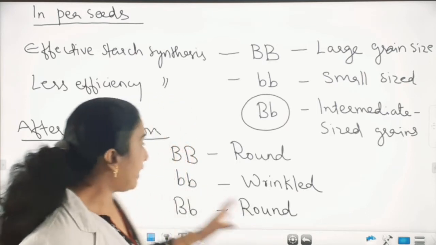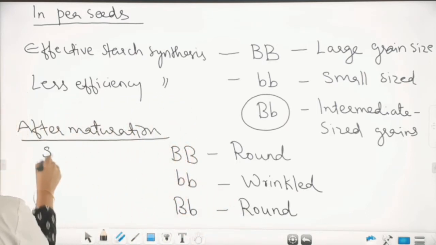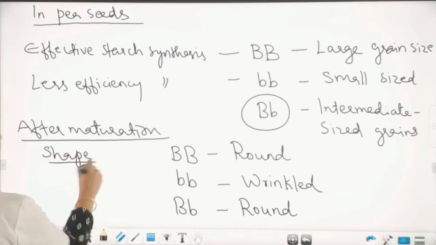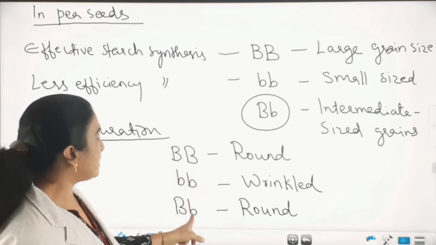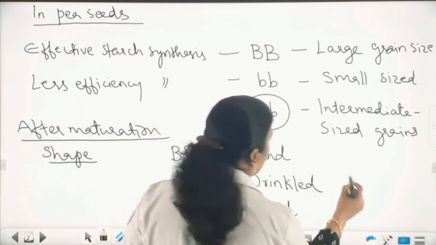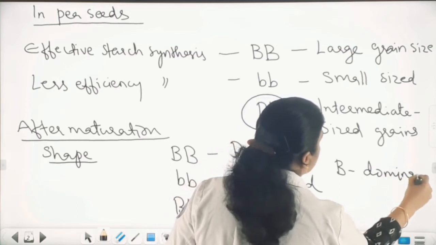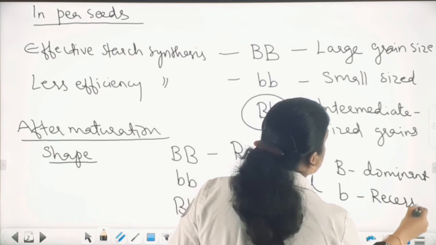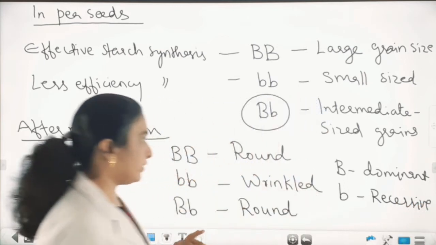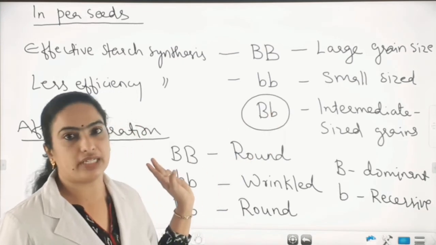Okay. And when we consider the shape, capital B is dominant and small b is recessive. Am I right? Okay. Here, capital B, small b is incomplete dominance for size.